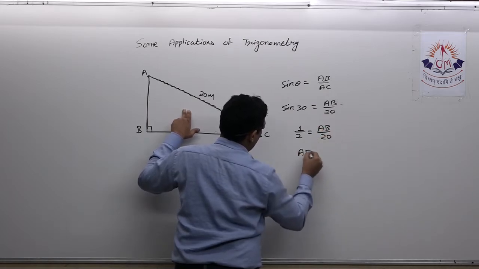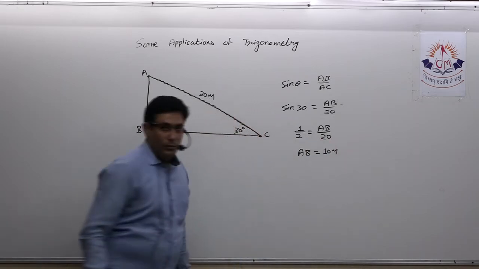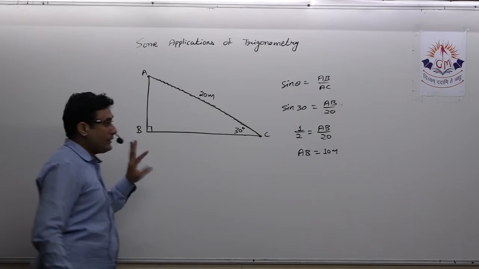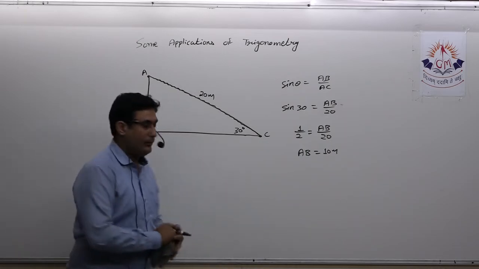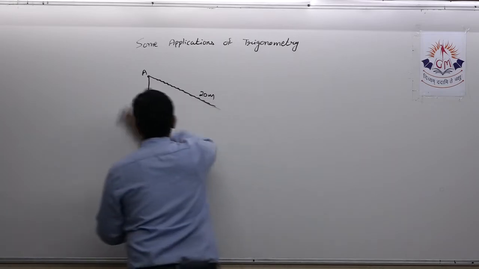So simply AB is equal to 10 meters. I hope you got the concept. Simply, you have to work especially on the diagram. Let us see the next question.